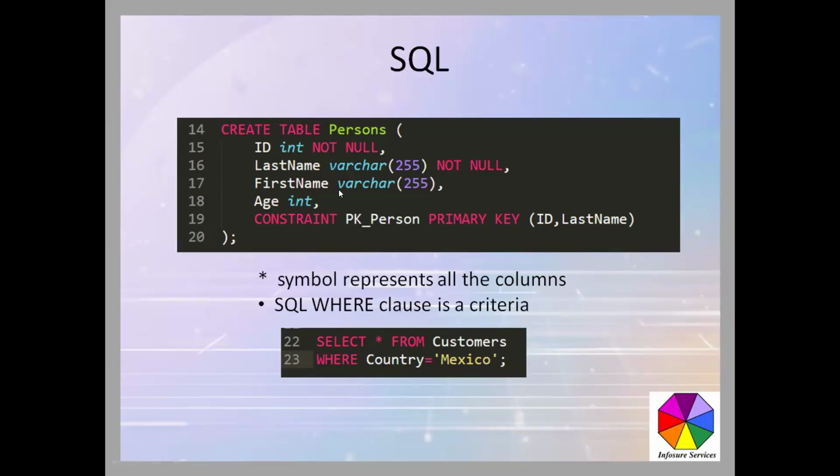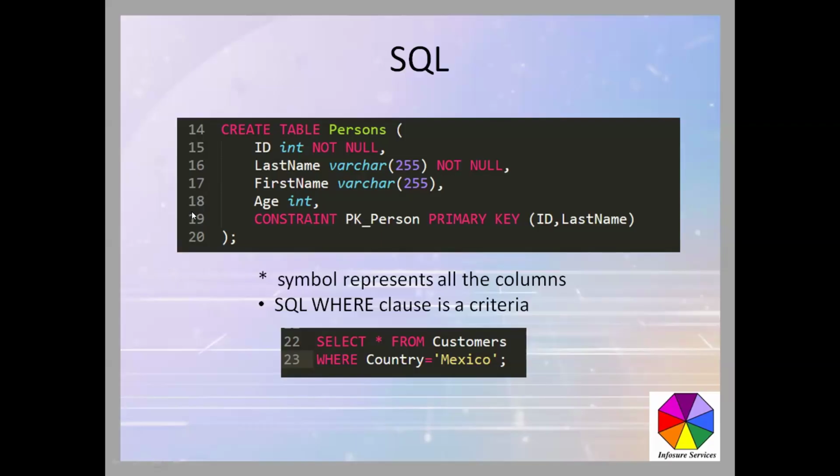First name, it's allowing nulls, so you don't need to define anything. Age, integer. Now here is the one I was talking about earlier: the constraint can be defined much like columns. So comma, here I have defined 3, 4 columns, then comma and constraint.